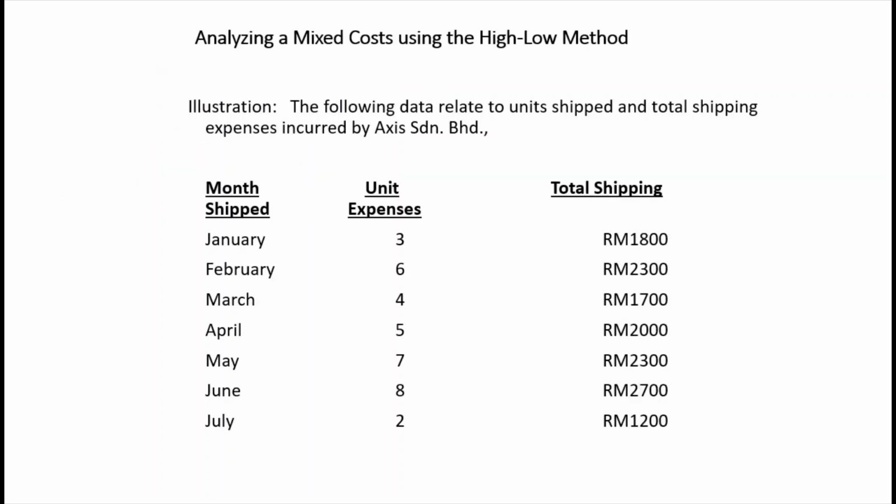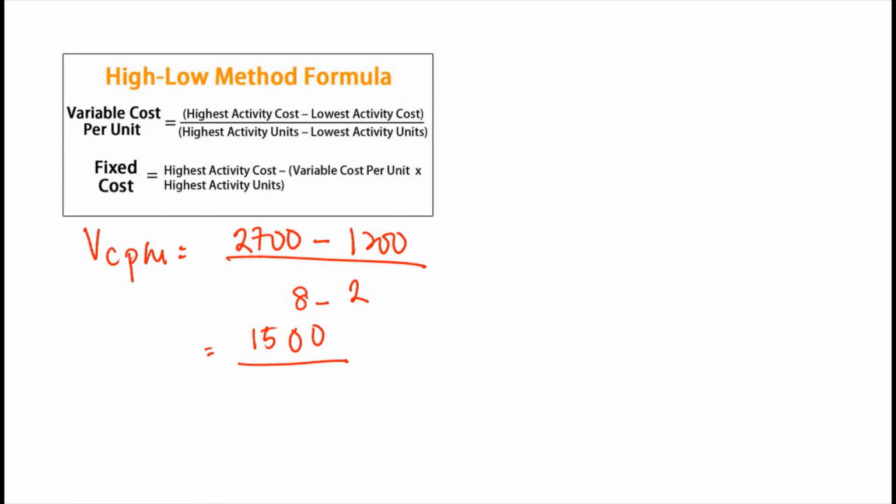And then for fixed cost, we have the highest activity cost minus the variable cost per unit times the highest activity unit. So in our given information set about Axis and Hamad, we know that June is the highest, with 2,700, and July will be the lowest, with total shipping expenses of 1,200. So to calculate the variable cost per unit, we take the highest activity, which is 2,700, minus 1,200, divided by 8 minus 2.